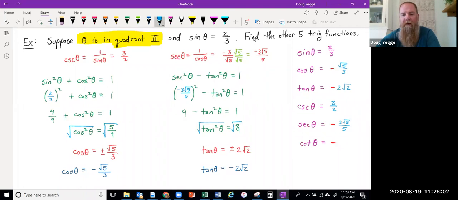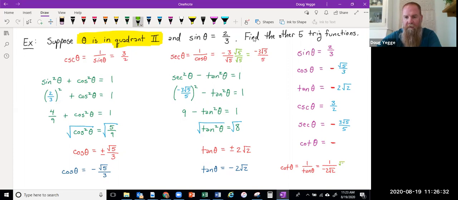So the last thing to recognize then is, how do we find cotangent theta? Well, keep in mind, if we know the reciprocal, we can see that cotangent theta is 1 over tangent theta, which is 1 over negative 2 root 2, which would normally be fine, except for the fact that the denominator has a radical.